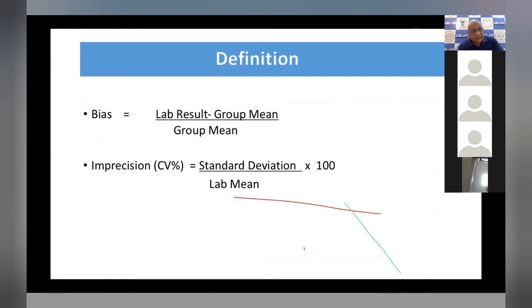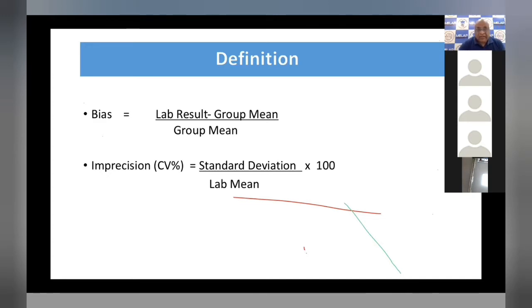Now we have to understand certain terms. Sometimes we use this term bias. Sometimes we use this term imprecision. Bias is lab result minus group mean divided by group mean. And if you multiply this by 100, you will get bias percentage.